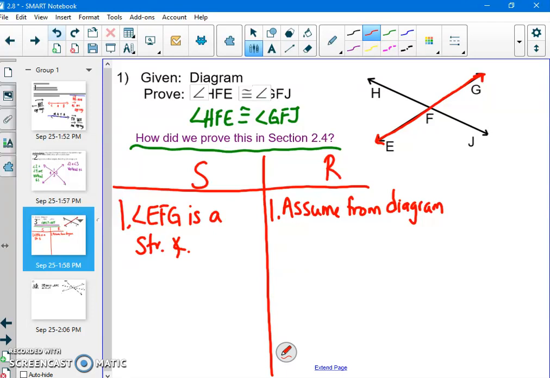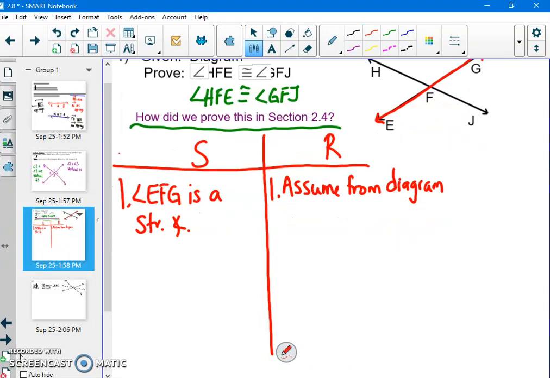Alright, next. The second thing that we can look at, since we know EFG is a straight angle, is that angle HFE and angle HFG are supplementary.